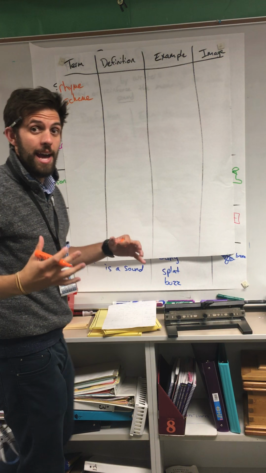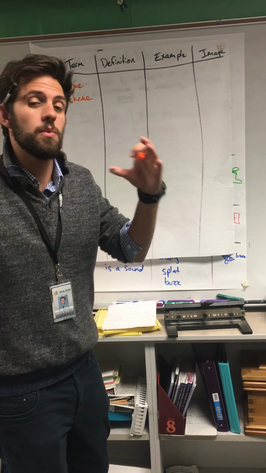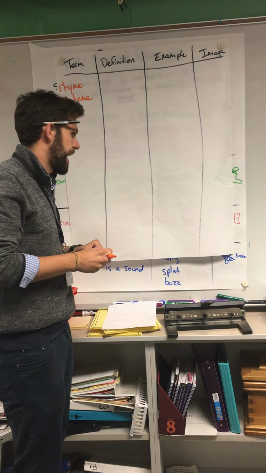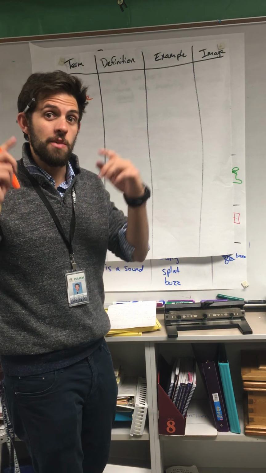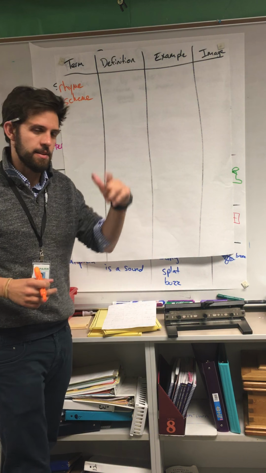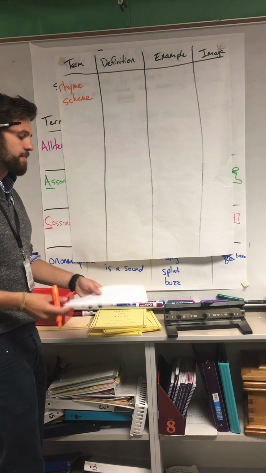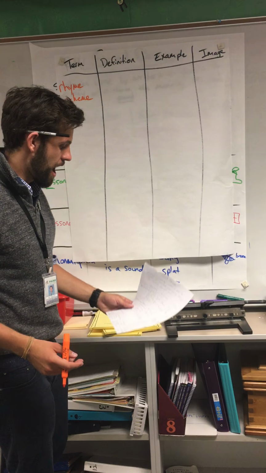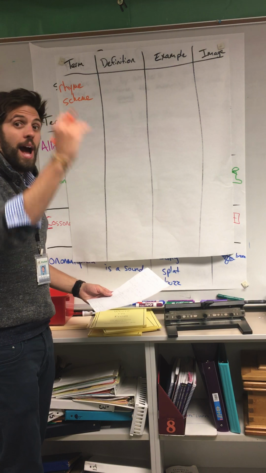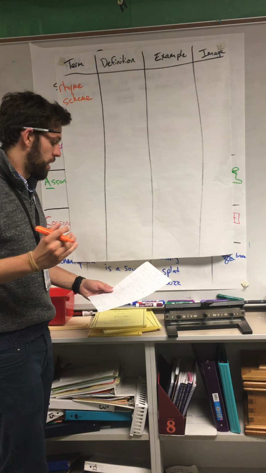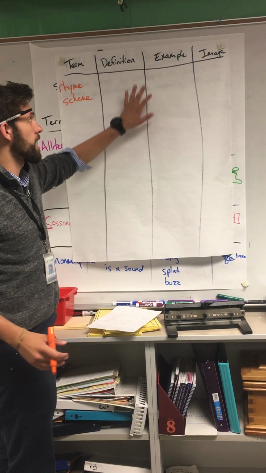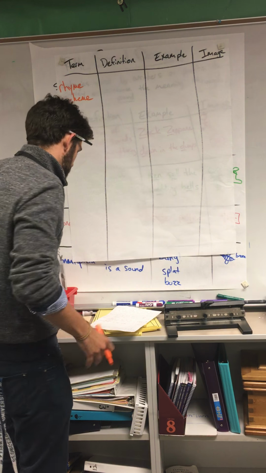Most of you probably know what a rhyme is. A rhyme is two words that end with the same sound. So like, Zach's got your back. Zach and back rhyme. A rhyme scheme is the arrangement of rhyme in a poem, in a structure. So that's where we talk about the AABB rhyme scheme.